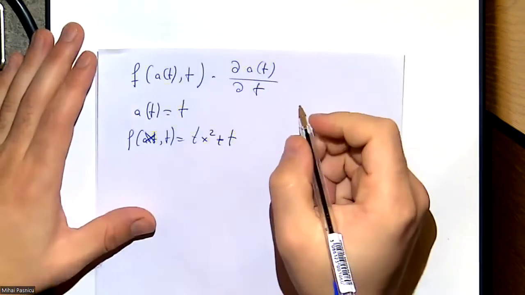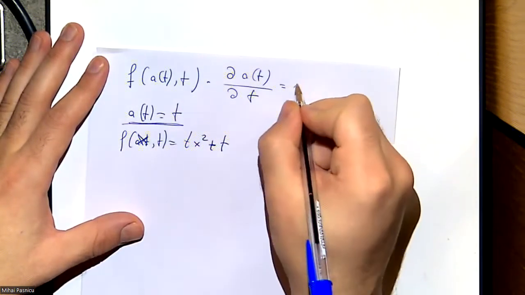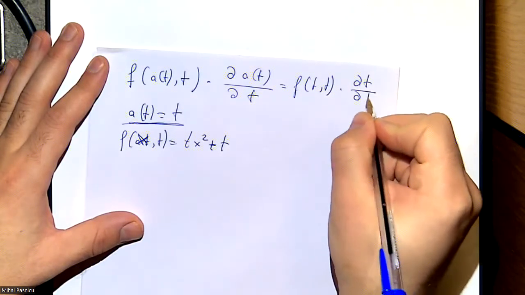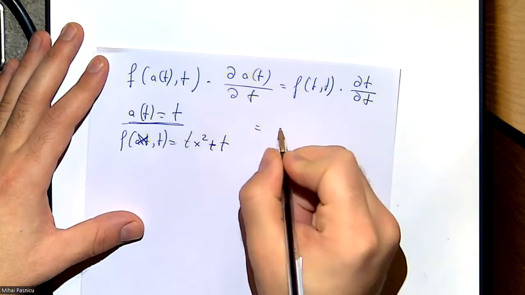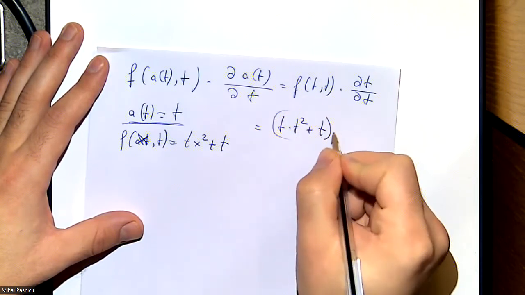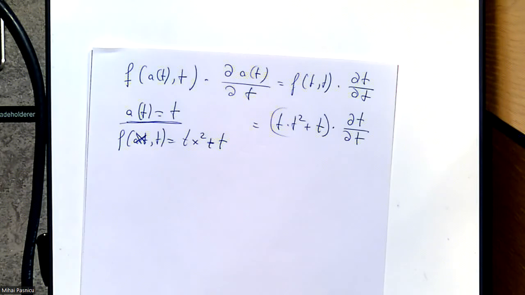All right, so again, I do all the replacements. First, I put in a of t. So I get f of t times the derivative of t with respect to t. This is just equal to t squared plus t times the derivative of t with respect to t. All right, literally just plugging the values.